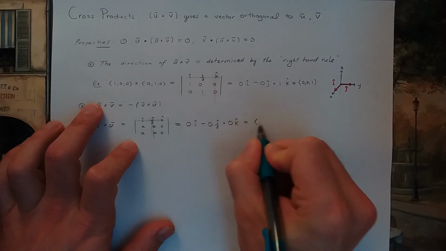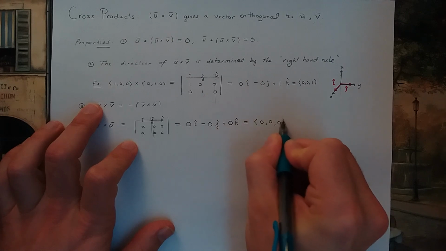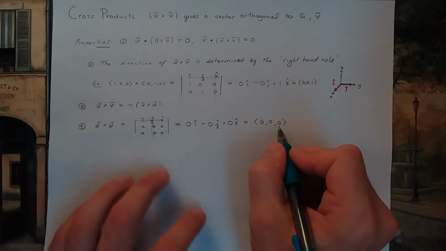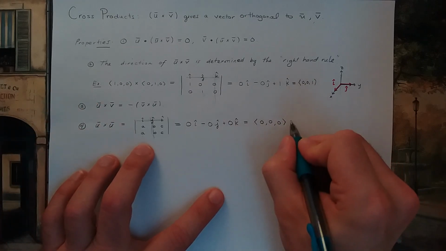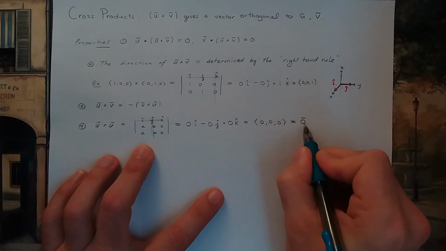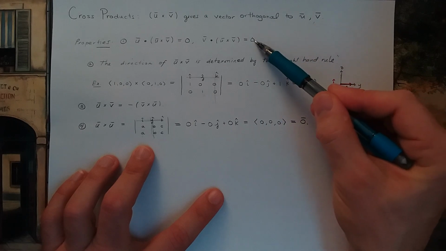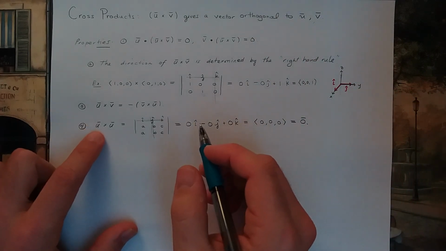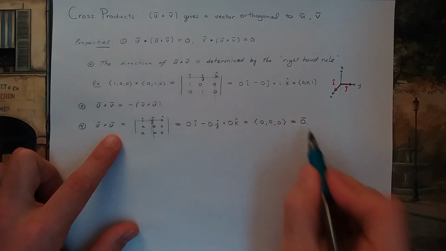This is the 0 vector. 0, 0, 0, not the 0 number. I get a vector, the 0 vector out. Sometimes we use the notation 0 with a bar over it to denote the 0 vector. That was not the 0 number. It's a vector. So if you take a cross product of a vector with itself, you get the 0 vector.